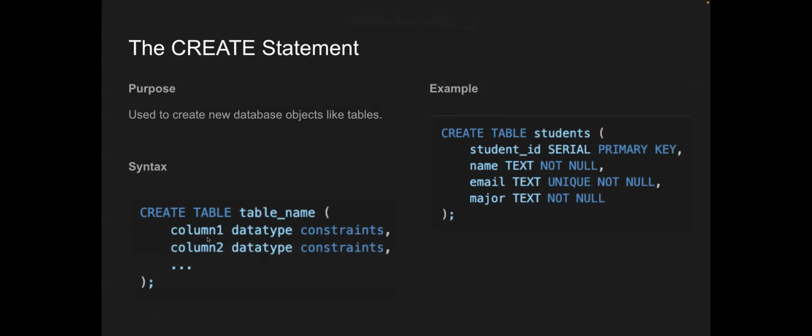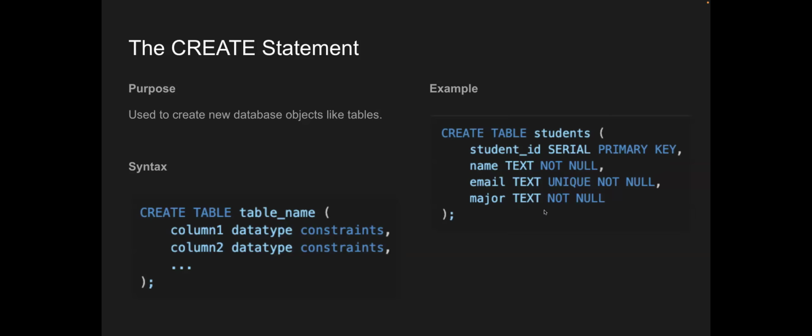This is the general syntax that you want to apply for a table creation. Now this is an example of how you can create a table, the definition of the students table. As you see, you have a primary key, a not null value for the name, an email that is going to be unique, and a major that is going to be not null.